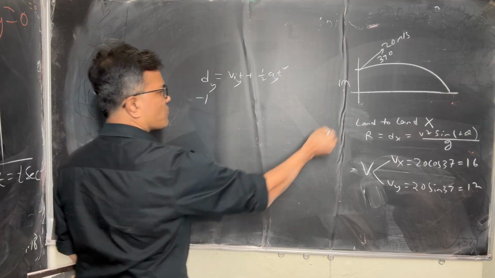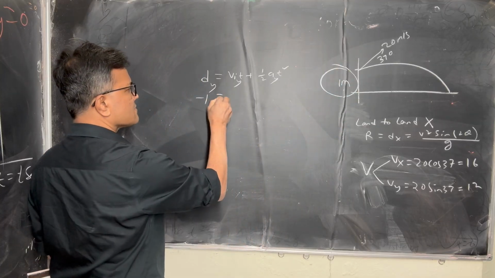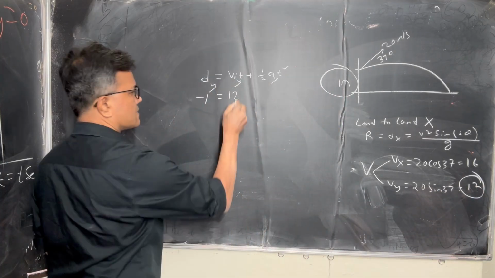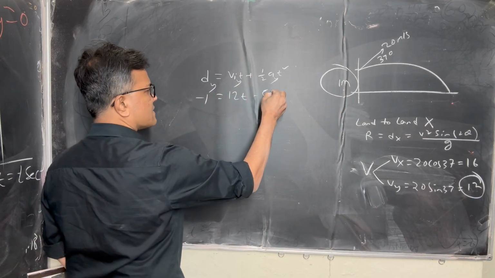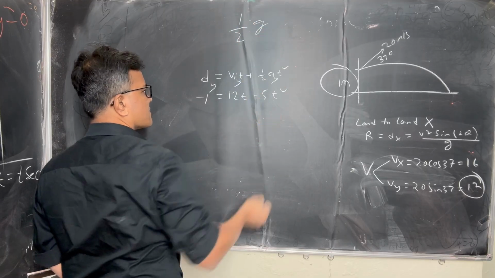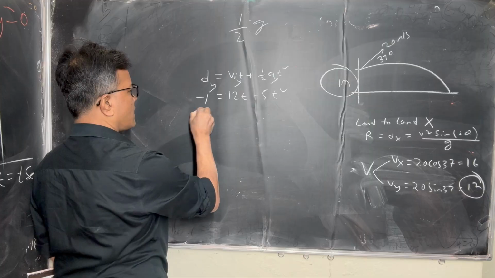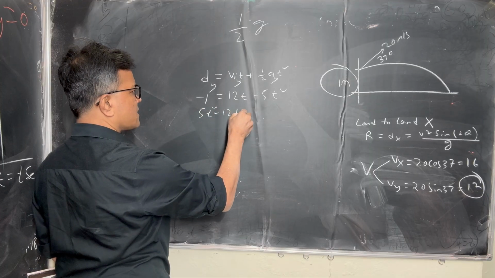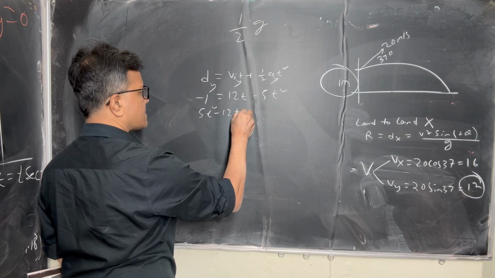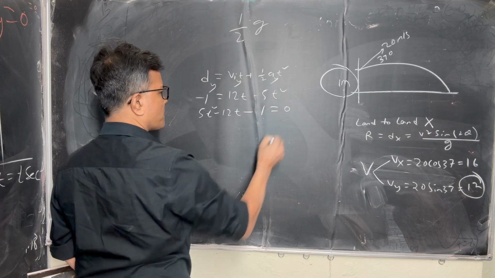Y direction: -1 = 12t minus 5t squared, because half times gravity is -5. So 5t squared minus 12t minus 1 is equal to 0.